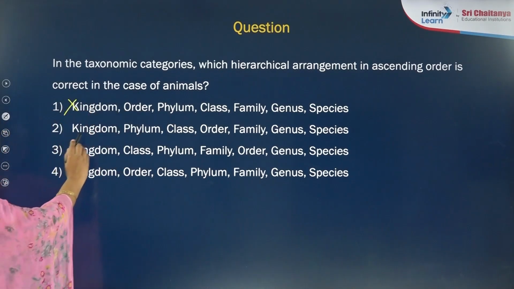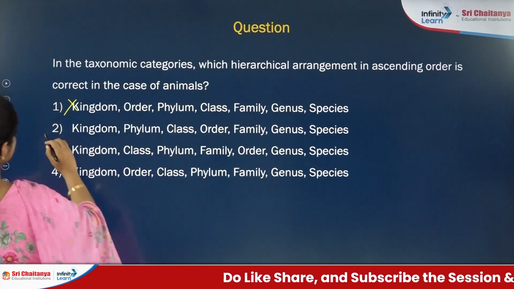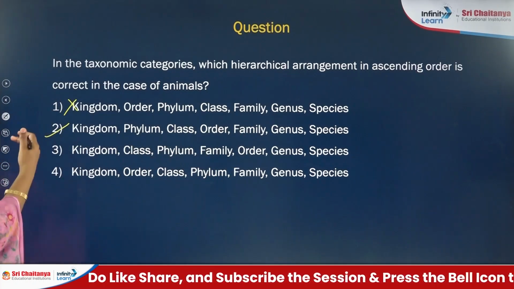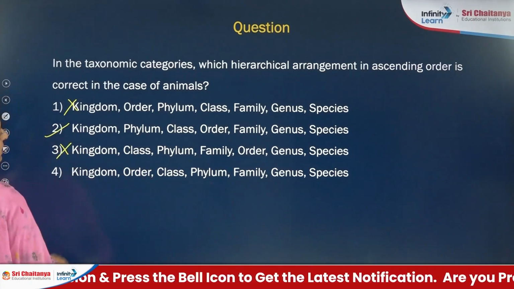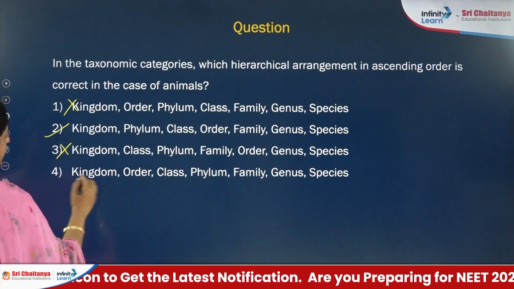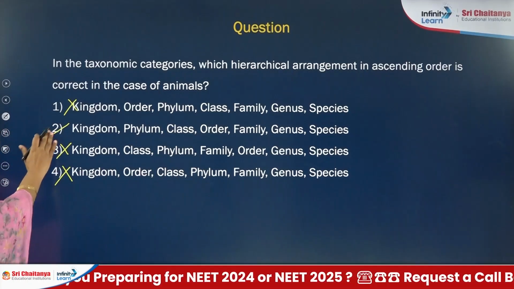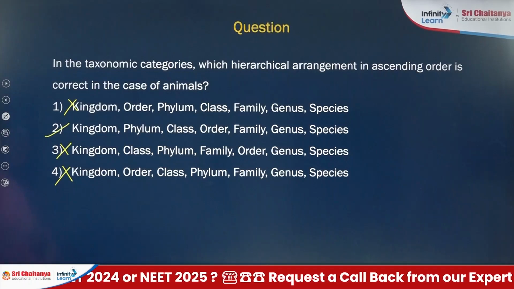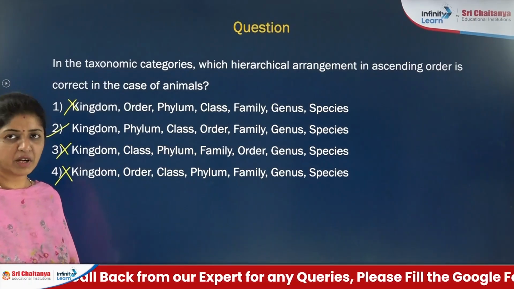After kingdom, okay, phylum can come, then class, order, family, genus, species. This can be your answer, but check the other options as well. Kingdom, class, obviously not your answer. Kingdom, order, then class, not correct, and then phylum, not at all. So what is your final answer? Second option. Be careful, although you are sure of the option, still try to read the other options once.